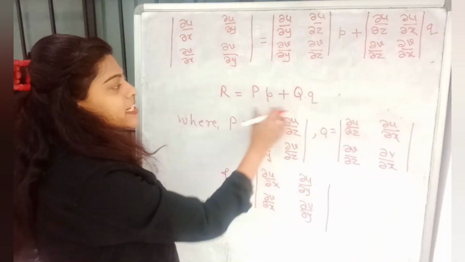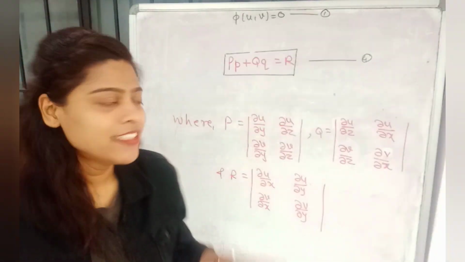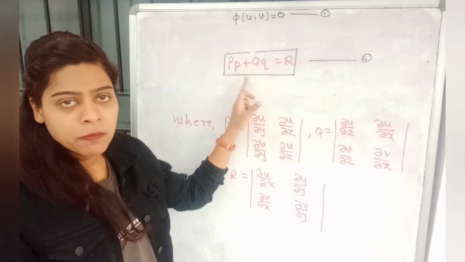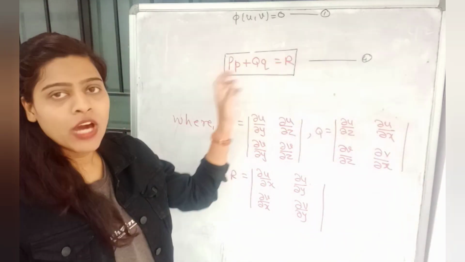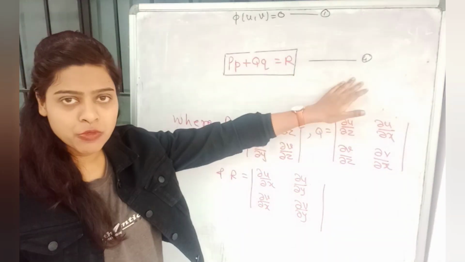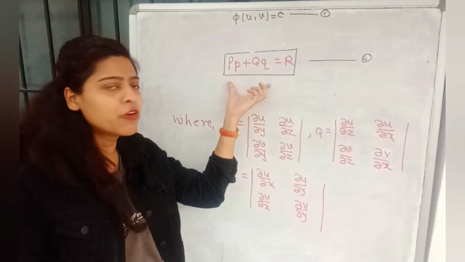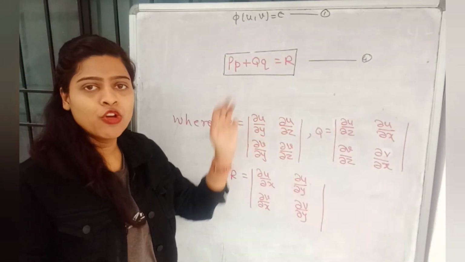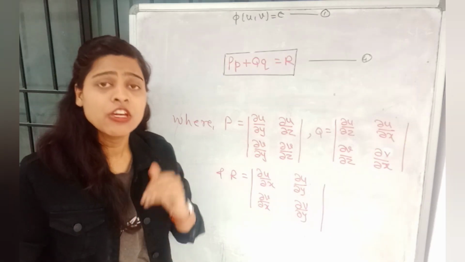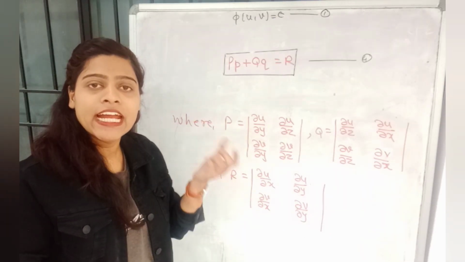So this equation can also be written as Pp plus Qq is equal to R. We denote this equation as equation number 4. As we can see, equation 1 is the solution of equation number 4, where this equation 4 is the partial differential equation, which is also called Lagrange's linear equation.